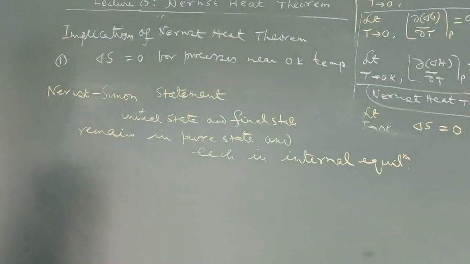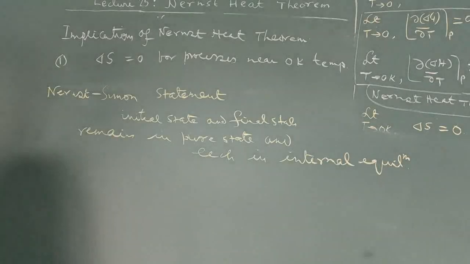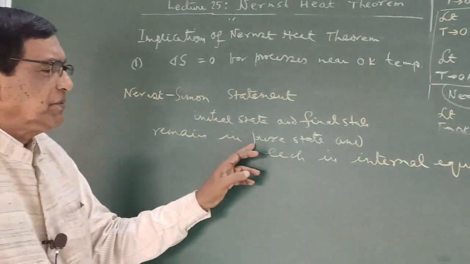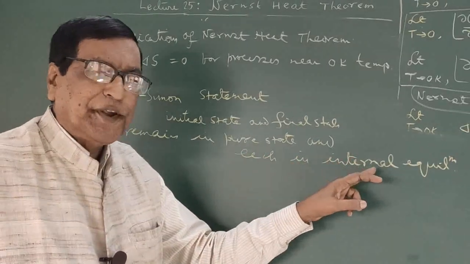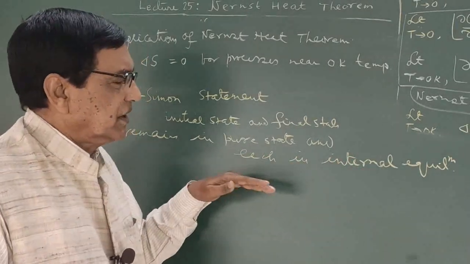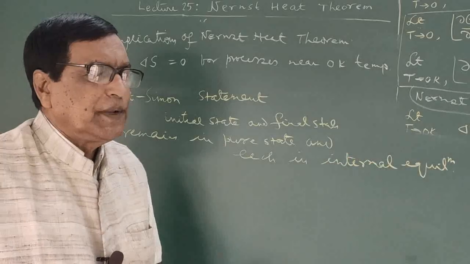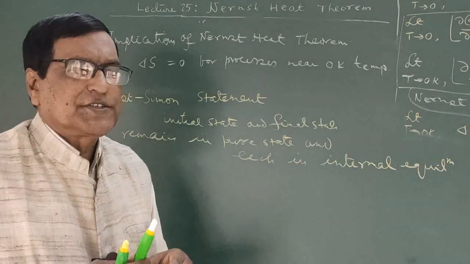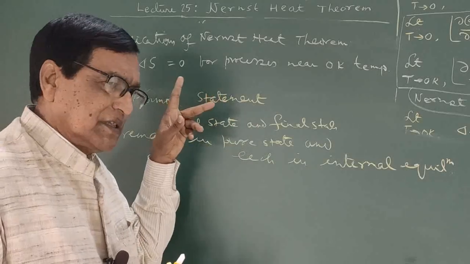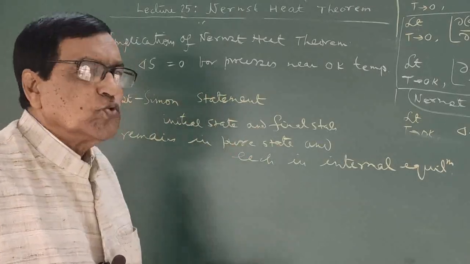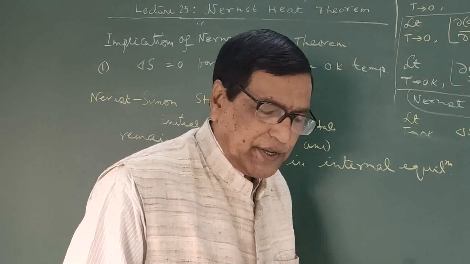So whenever mixed crystals are not in pure state, and in the case of supercooled liquid, it is not in internal equilibrium. It is not a stable state; it is a metastable state. This is why for these two the deviation is occurring.